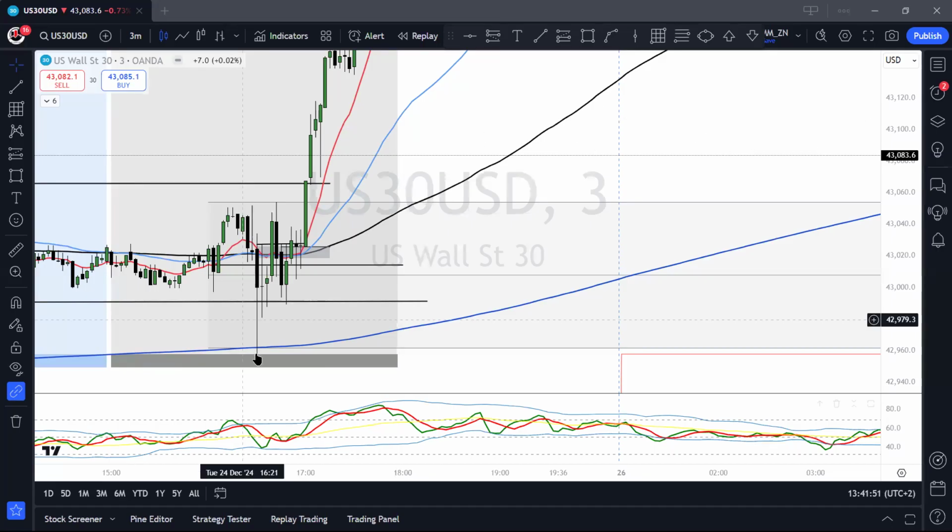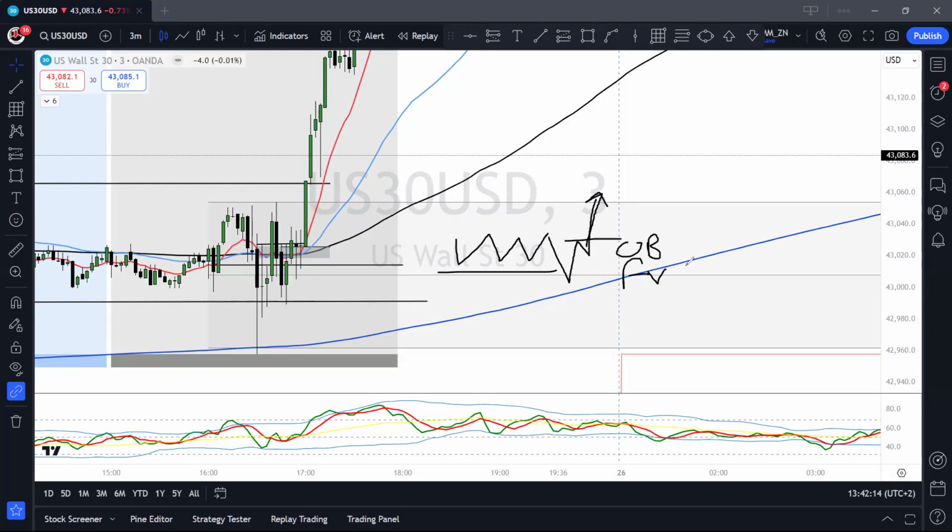All right. So from this low, what I'm looking for is for price to give me something like this. Let's say price was moving like this, then I get a liquidity sweep here. Then price comes back. What I want to see is them showing me that they're coming up. Then they have to retrace and tap either an order block, a fair value gap, or sometimes equal lows.